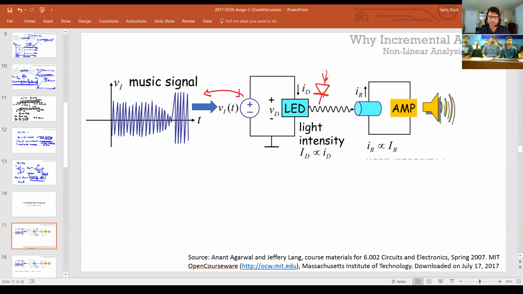This voltage is applied across it, and the current going through the diode is emitted as light because it's an LED. It could be infrared, it could be visible.